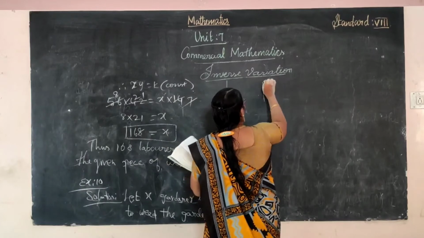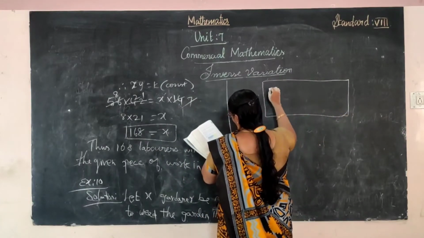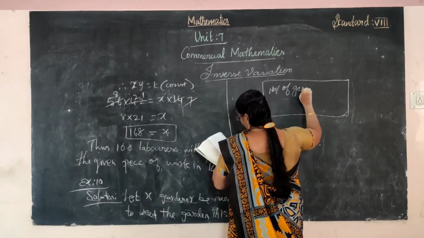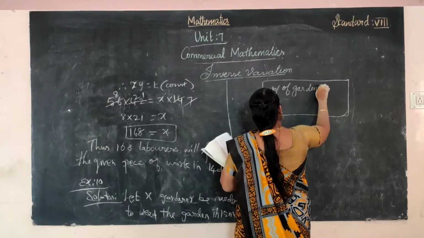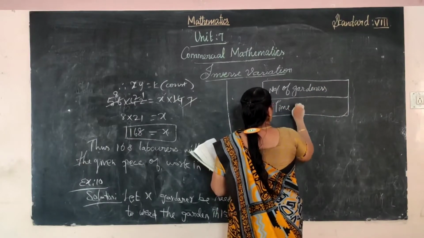So draw the table. Number of gardeners, time, minutes.